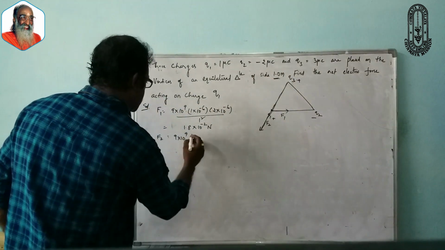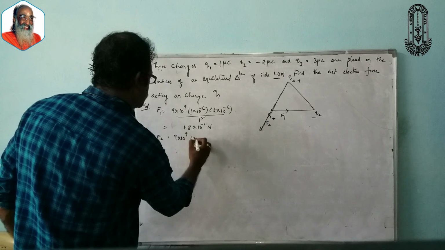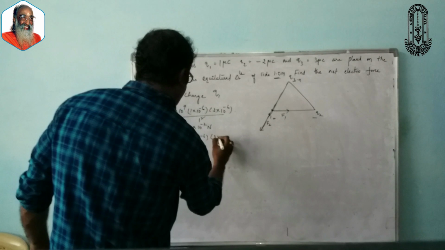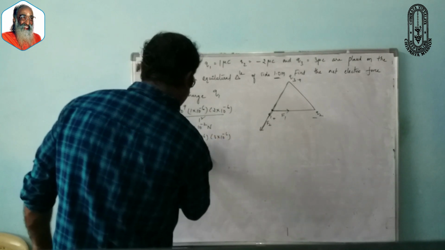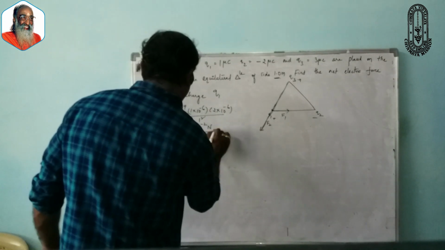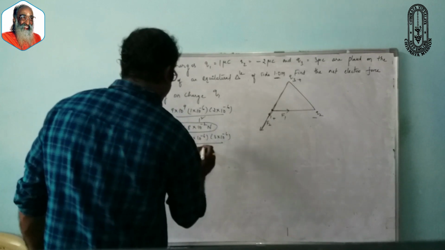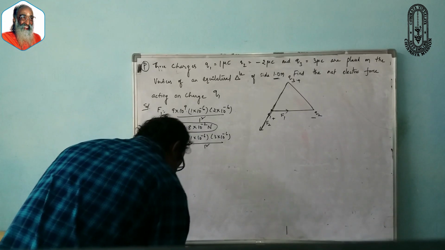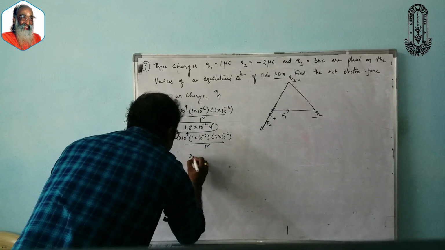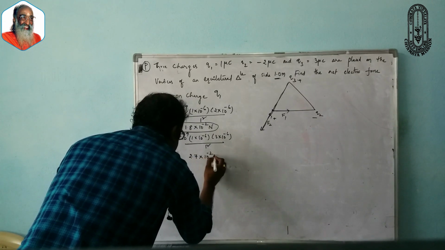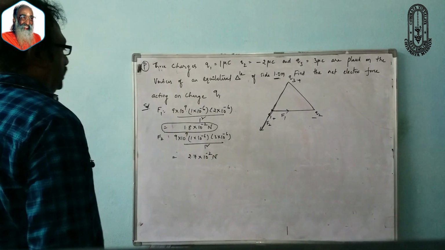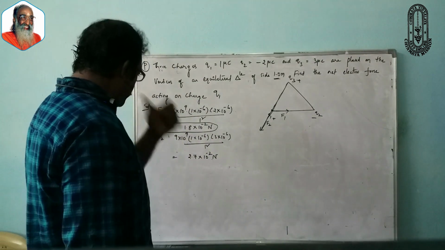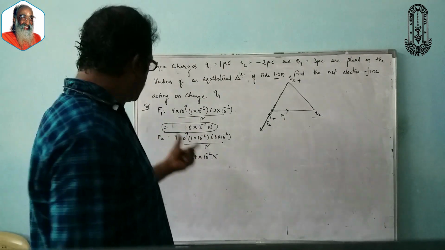Q1 is 1 into 10 to the power of minus 6, and Q3 is 3 into 10 to the power of minus 6, divided by 1 square, and by calculating it, we are going to get it as 2.7 into 10 power minus 2 Newton. You make the calculation once and check whether it is right or wrong. Okay, and you should have a practice here on how to make these calculations.